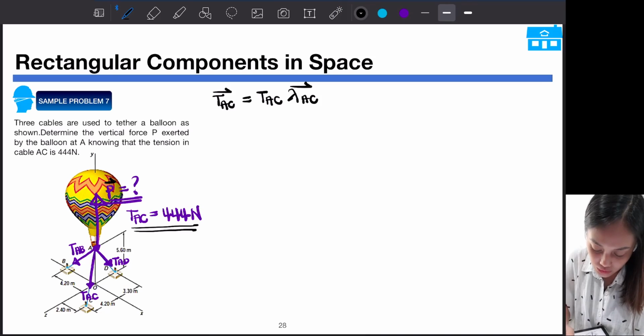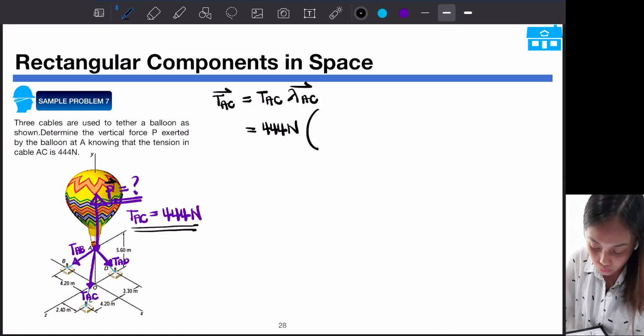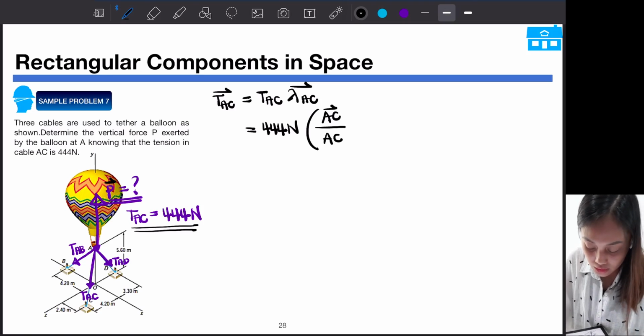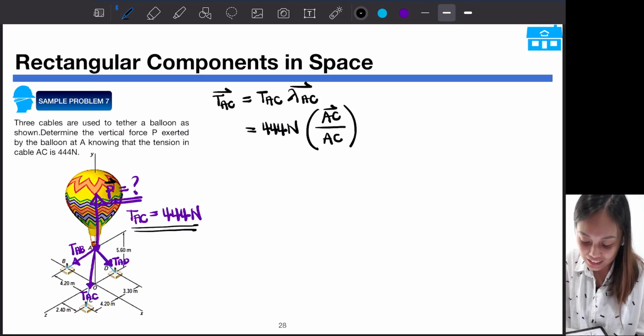TAC is equal to TAC, which has a value of 444 newtons, times the unit vector from point A to point C. So, this is vector AC over the distance from point A to point C, the diagonal distance.